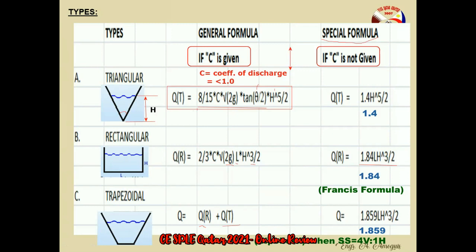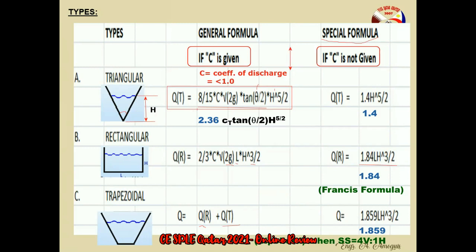Approximately yung C at 0.60. So lumalabas yung coefficient niya 1.859 kay Cipolletti Weir. Pag makita niyo sa problem na side slope 4:1, automatic yun, use this Cipolletti Weir 1.859, kahit trapezoidal yan. Okay? So 1.859, then 2.36. 2.36 yan yung 8/15 square root of 2g, 2 times square root of 2g, I'm sorry.